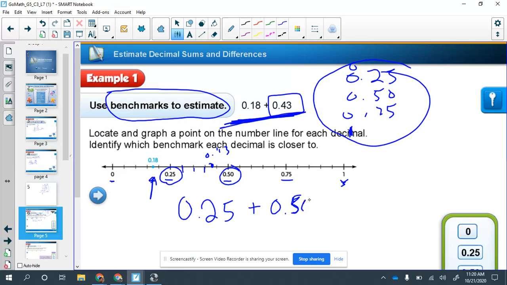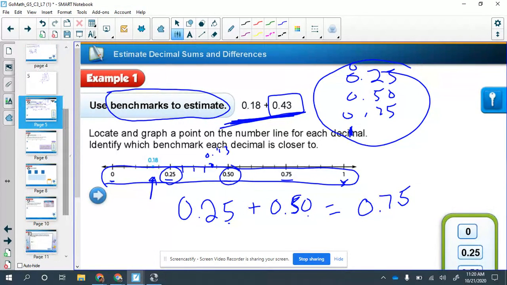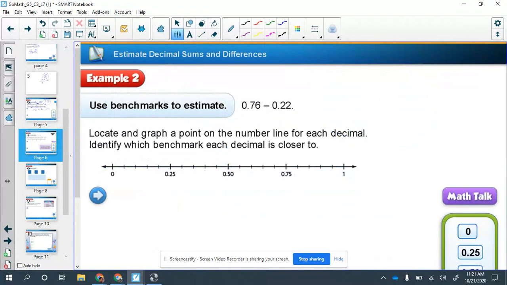Or we think of it as like 1 quarter plus 2 quarters, and that is going to equal 75/100 or 3 quarters. Right, so we can use these benchmarks to help us to estimate our addition when we're working with really small numbers. We'll look at another one.